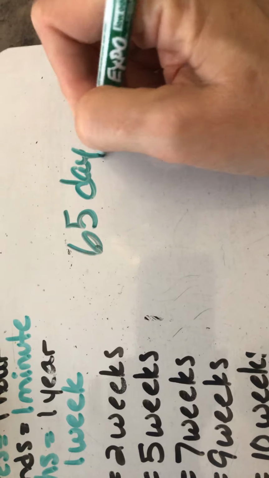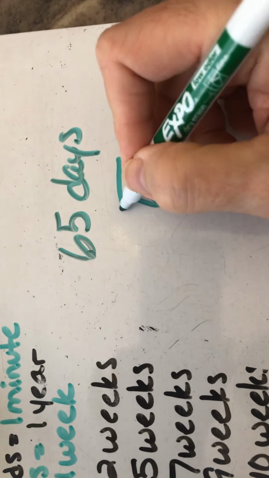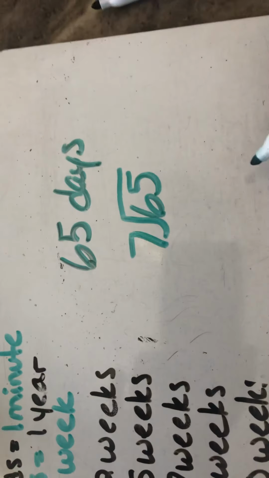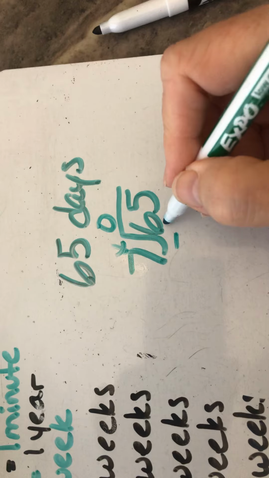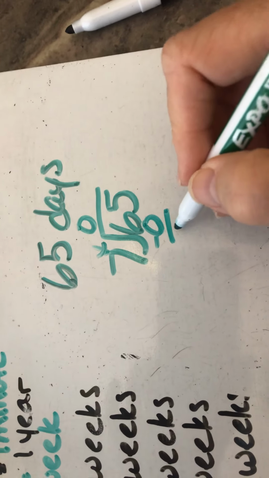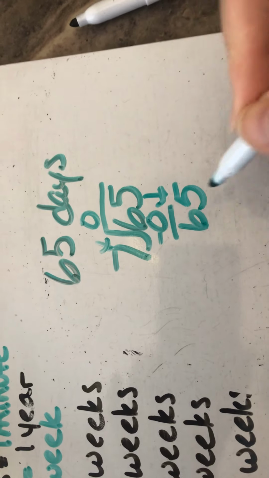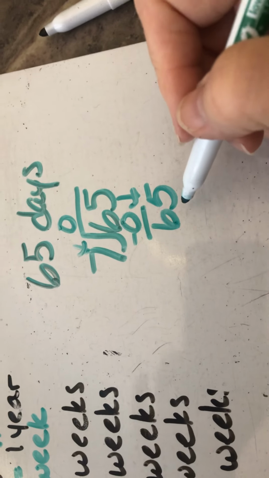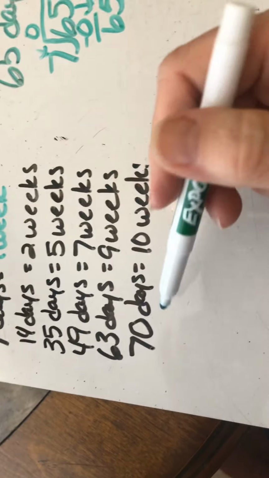65 days. Well, I know I'm going to take the 65 divided by the 7. 7 times 0 gets me to 6 because I would go over. Bring down my 5. So 7 times what gets me close to 65? Well, let me kind of look over here at my chart.